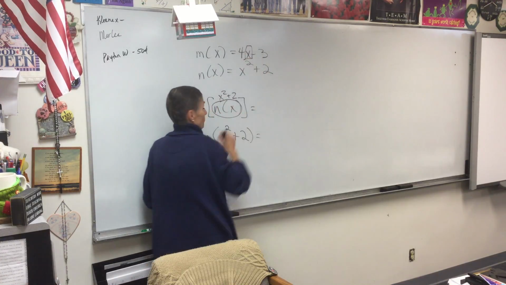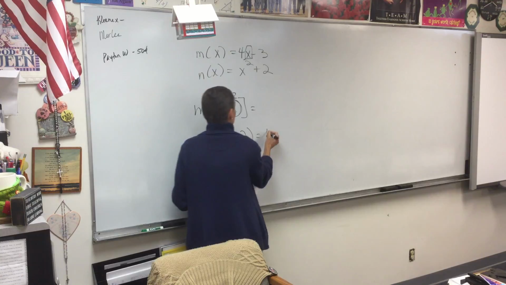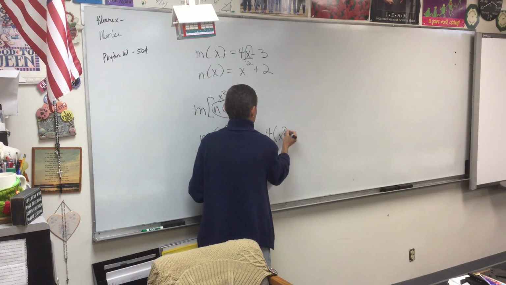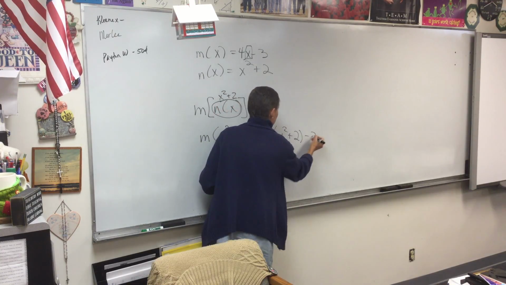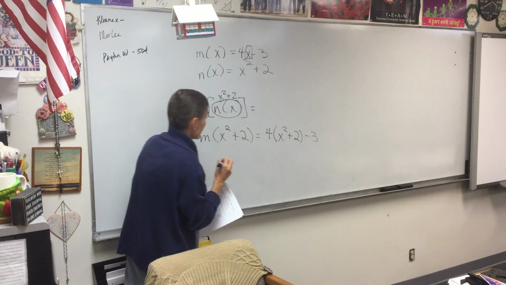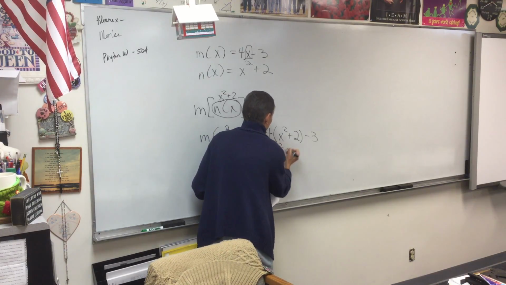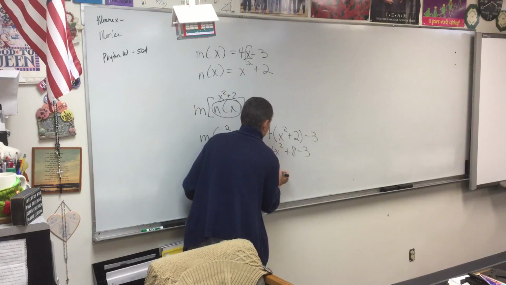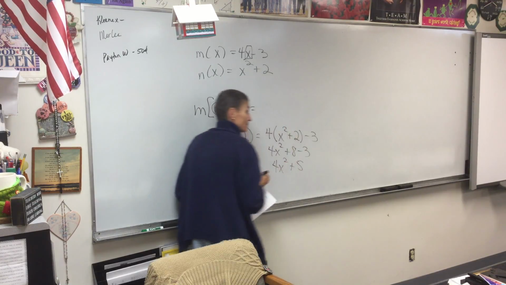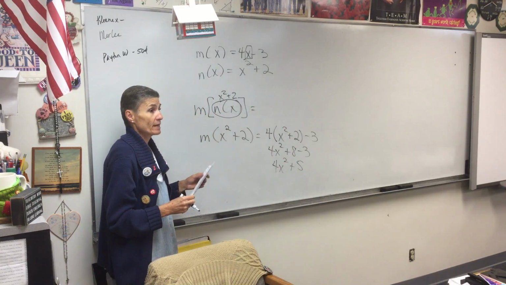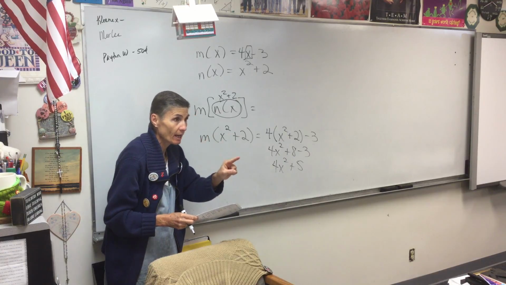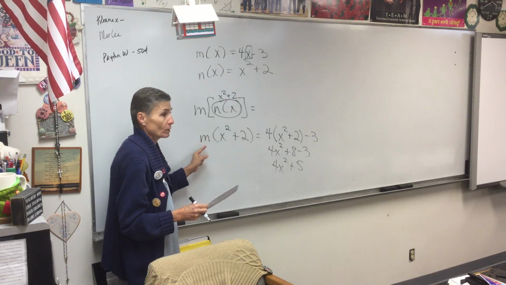So put it right here, put it into m. So that would be 4 x squared plus 2 minus 3, which is 4x squared plus 8 minus 3, or 4x squared plus 5. And that is your answer. It's exactly like the quiz question, except I'm using different letters.